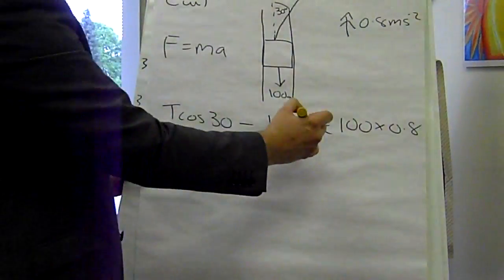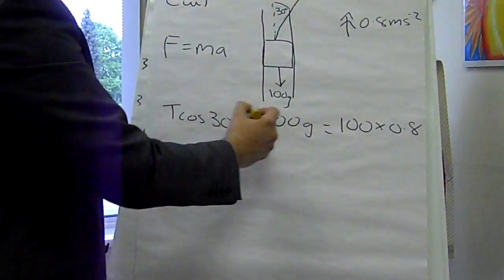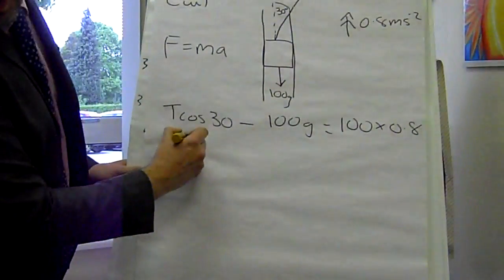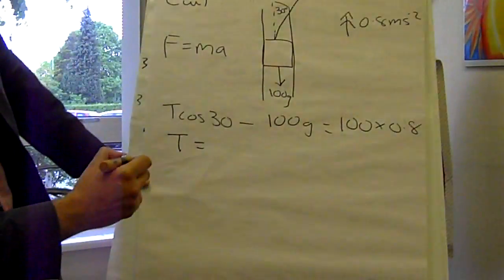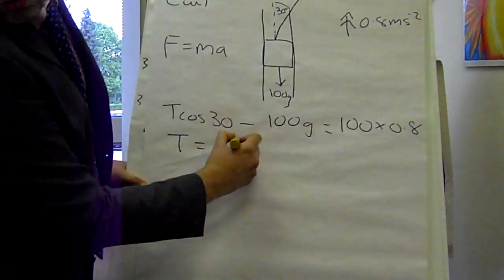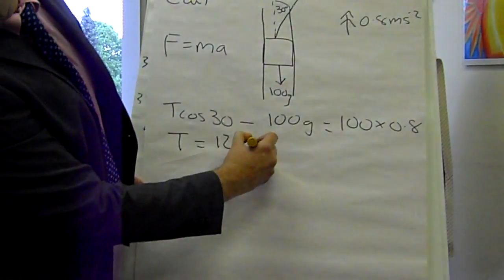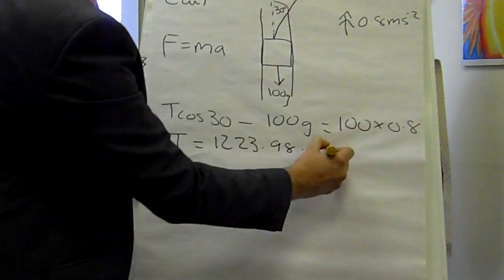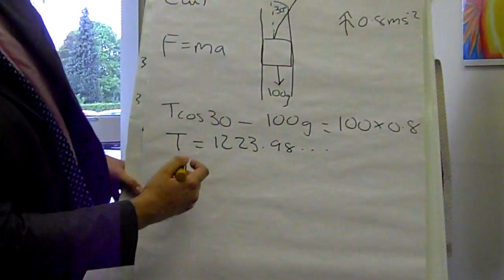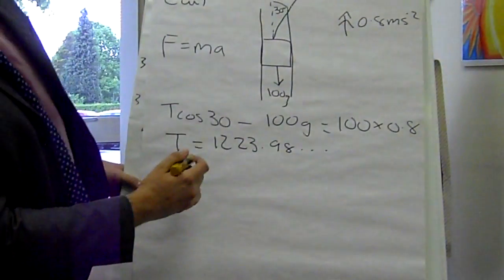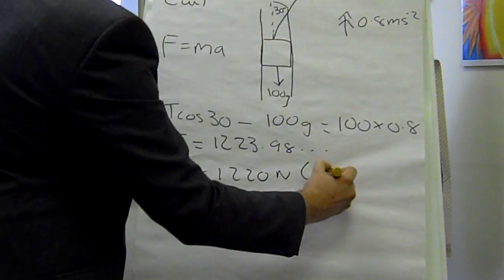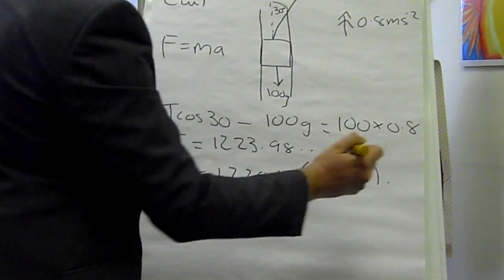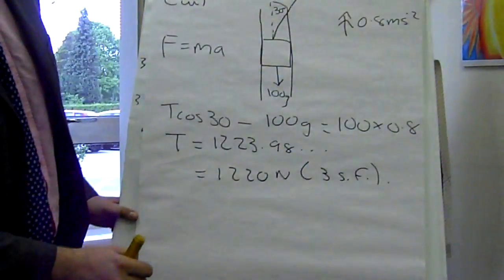If we now substitute G as 9.8 and we rearrange this, we get the answer that T is equal to 1,223.98, but it asks for 3 significant figures, so that gives us 1220 newtons to 3 significant figures. And that's the end of question 1.